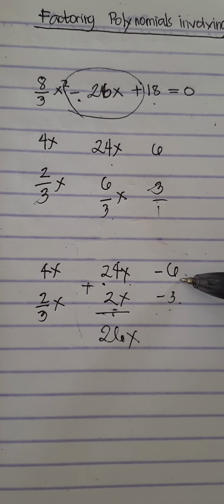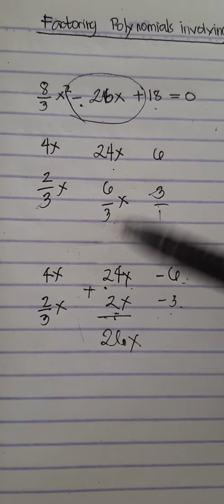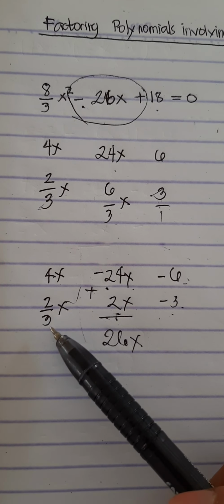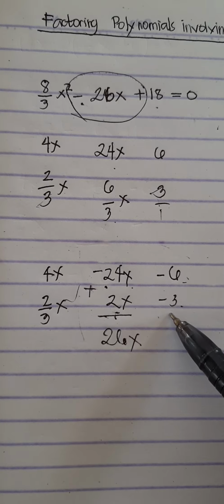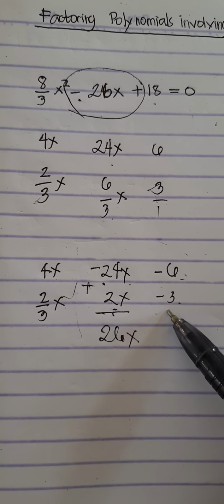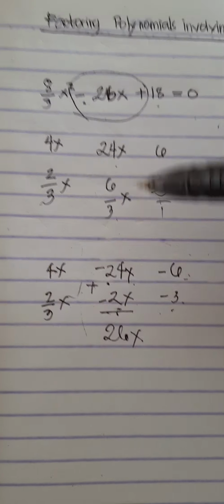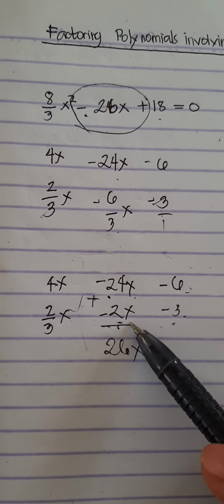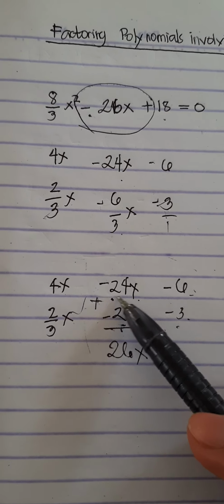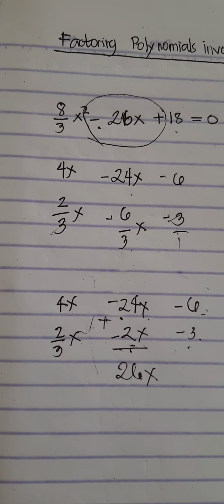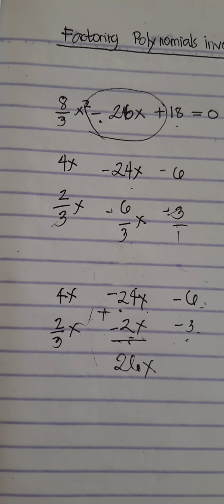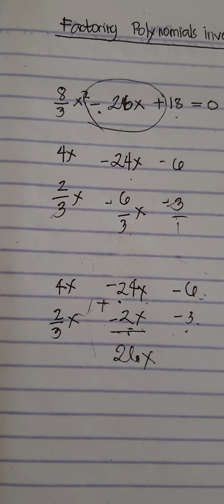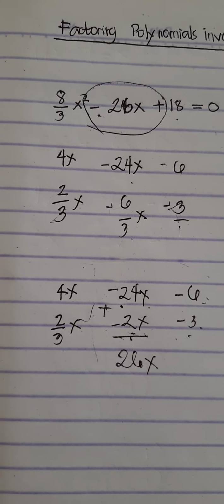4x times negative 6 is equal to negative 24x. 2/3 x times negative 3 is still equal to negative 2x. Therefore, in adding numbers with the same sign, all you need to do is just add the numbers and copy the sign.